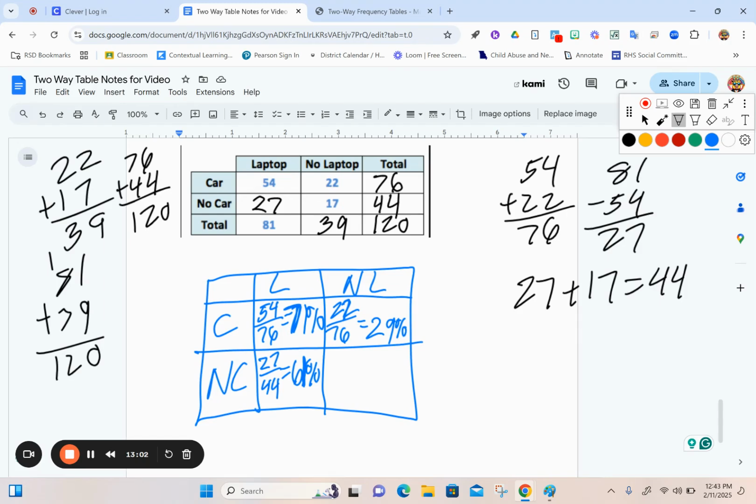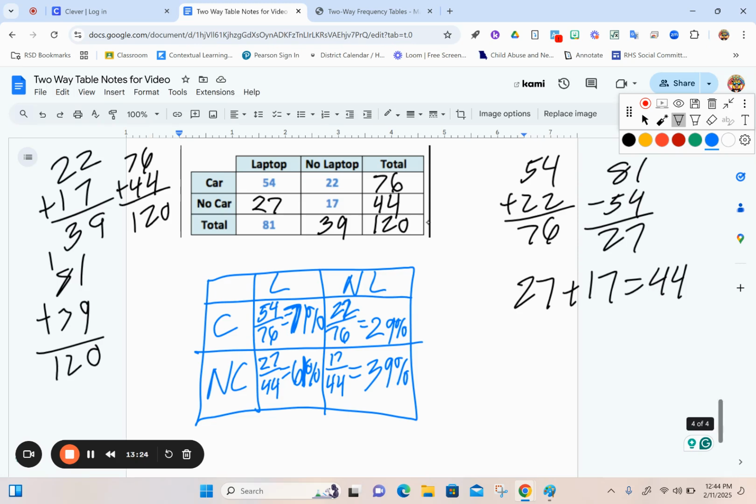And then 17 out of 44 should be 39%. And it is. It's 0.386, so it rounds up to 39%.